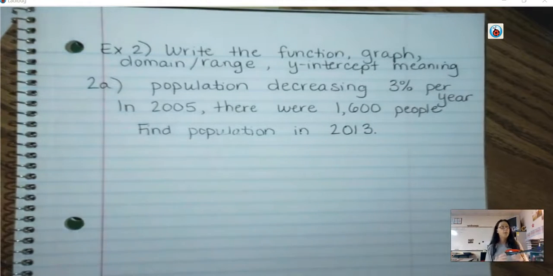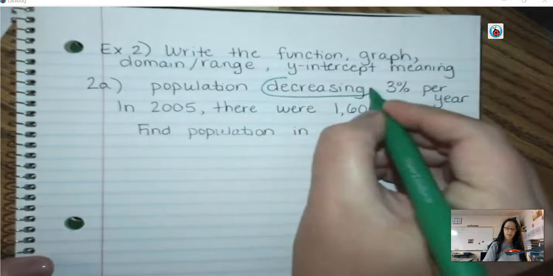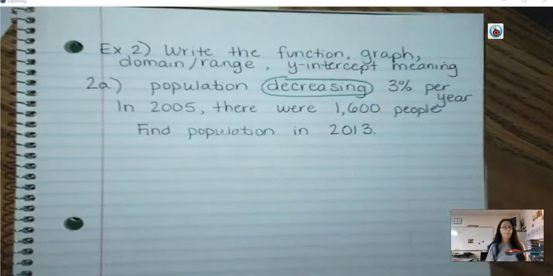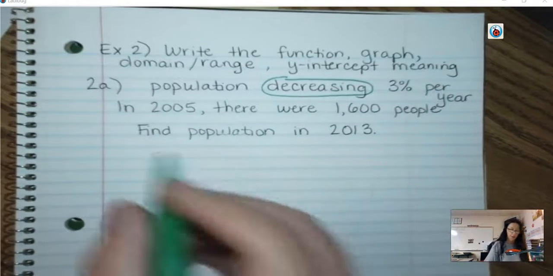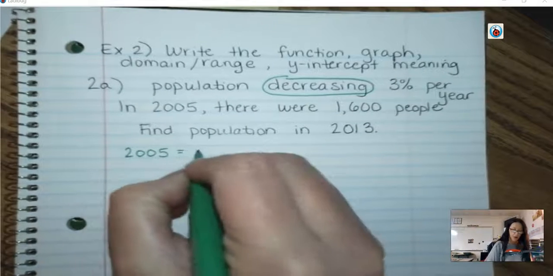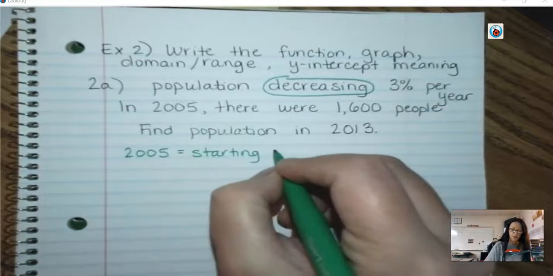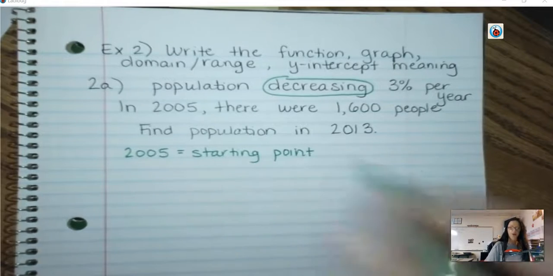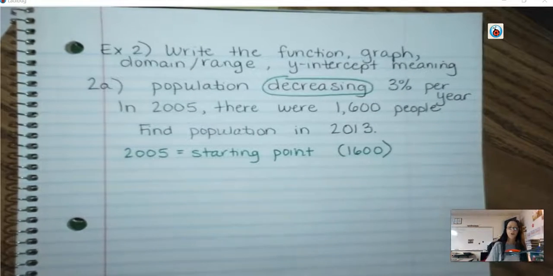Okay, so some important things to notice. We're decreasing, so that tells me it's going to be a decay problem. Also, 2005 is the starting point. It's your starting year, and that 1,600 is going to be your starting value.